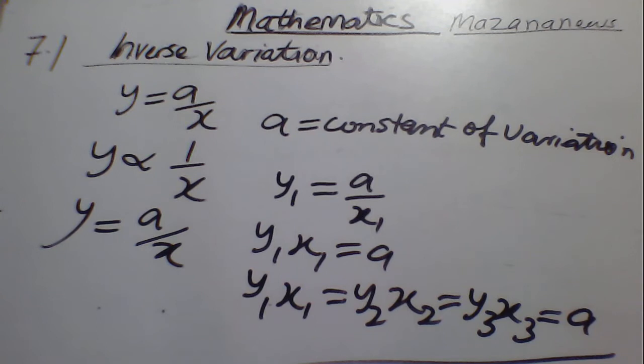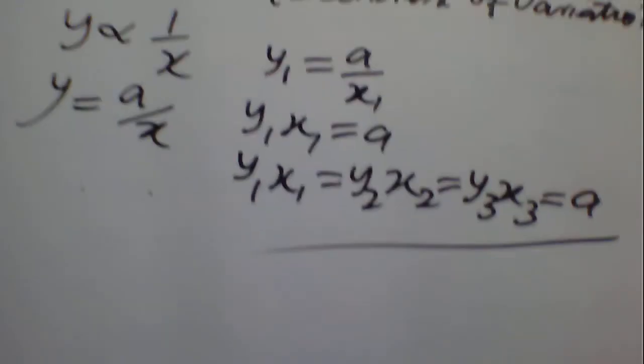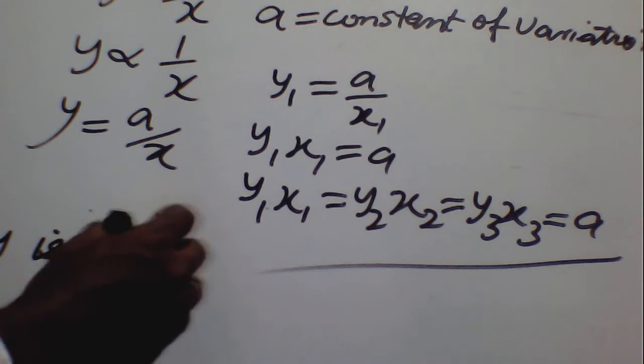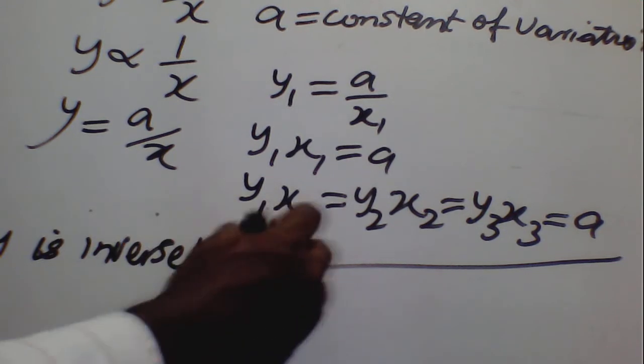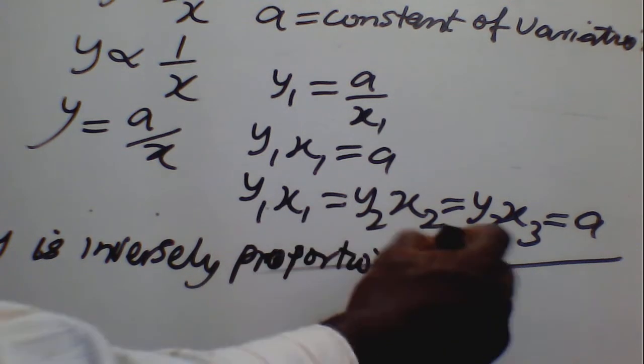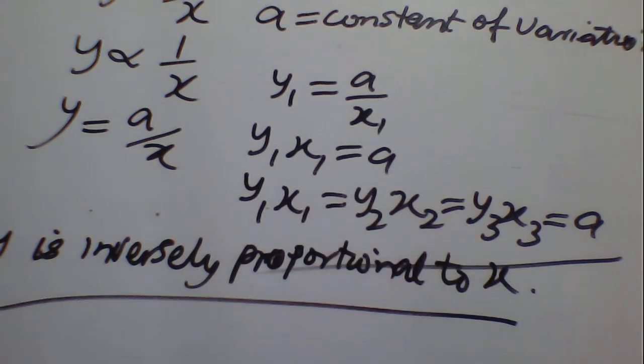So this is the relationship, and we say it is inverse variation. y is said to vary inversely with x. So y is inversely proportional to x.